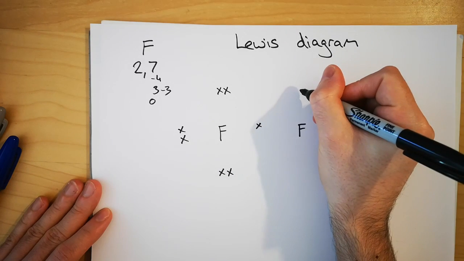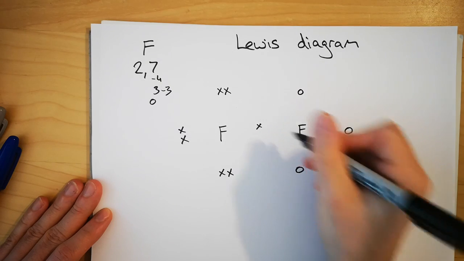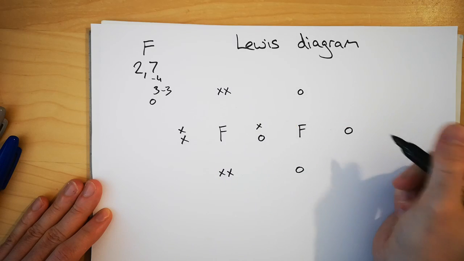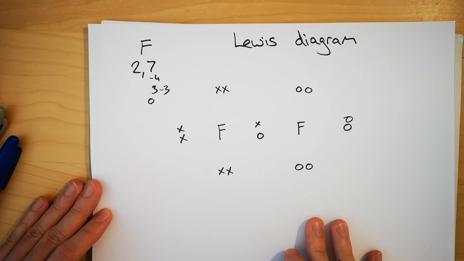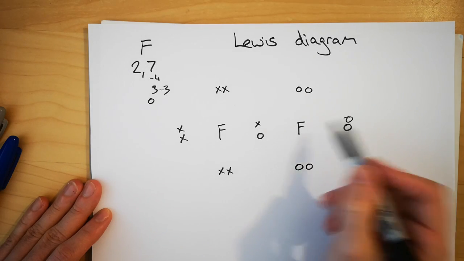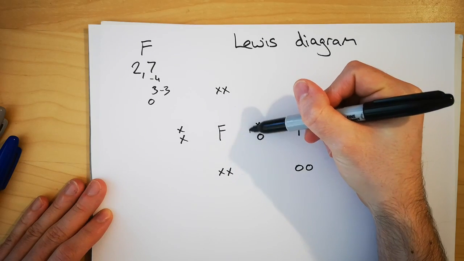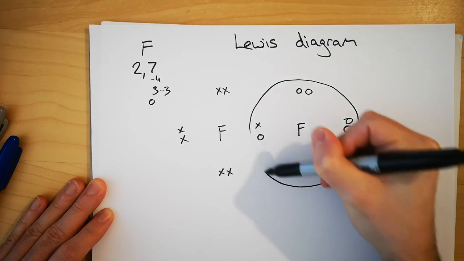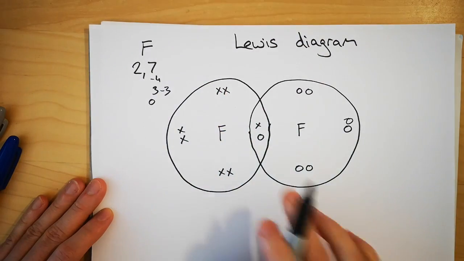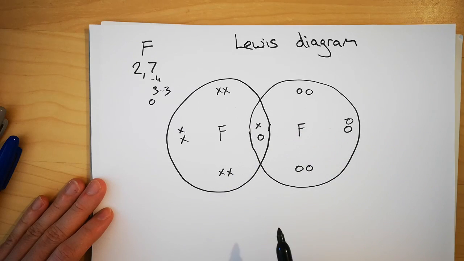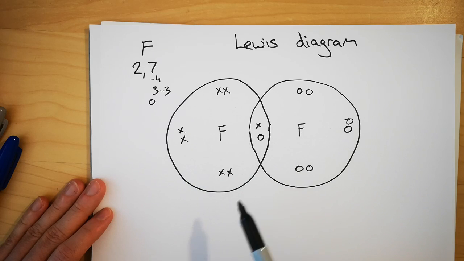So for the next one, I've got 1, 2, 3, 4, 5, 6, 7. And that's me done my 7 electrons for this one and my 7 electrons for this one. Now, if I draw my circles around the electron orbitals, I can see that I've got 1 bond in there, and that's me done fluorine.